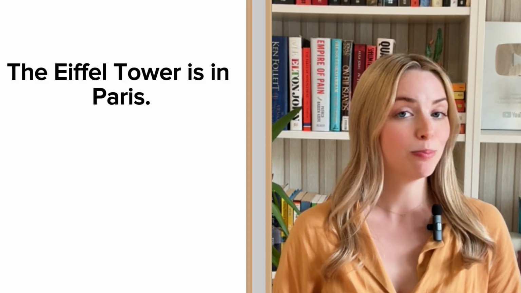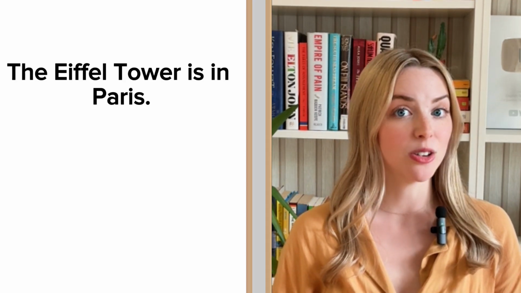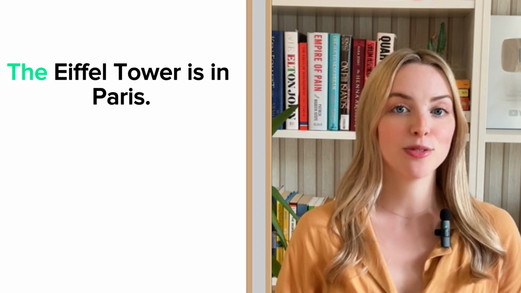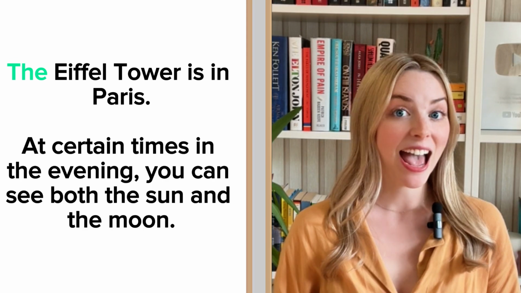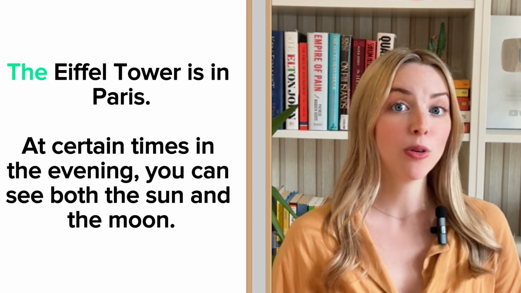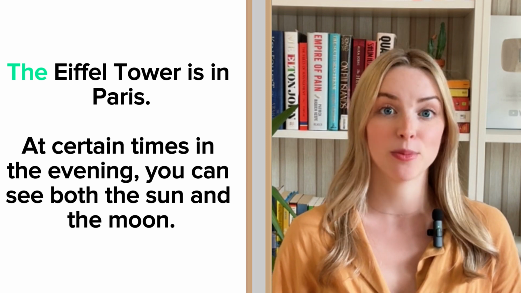Another rule for when to use the is when we refer to something unique or one of a kind. There's only one of this thing. For example, the Eiffel Tower is in Paris. Here we use the because there is only one Eiffel Tower in the world. At certain times in the evening, you can see both the sun and the moon.